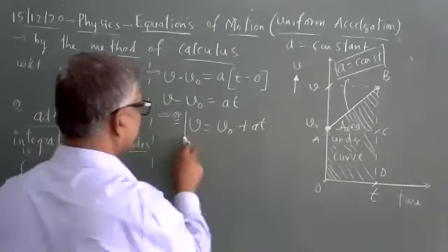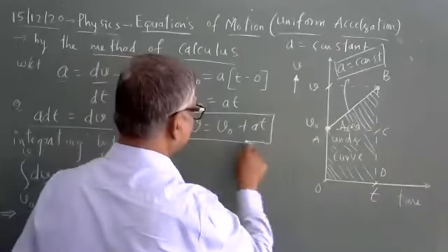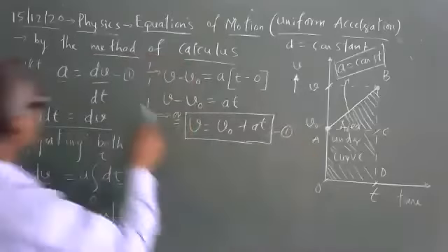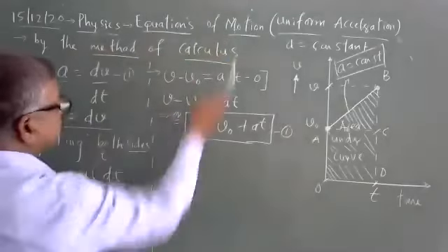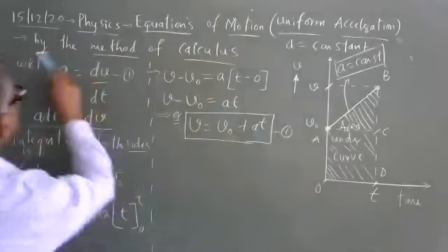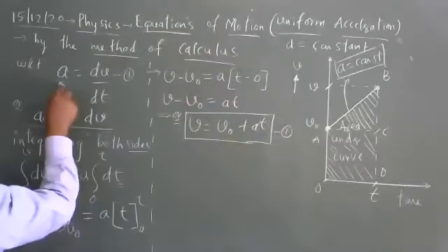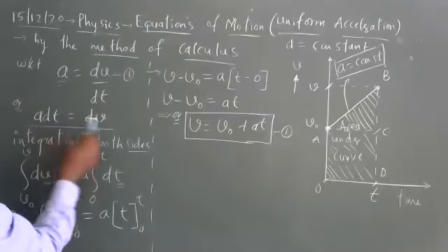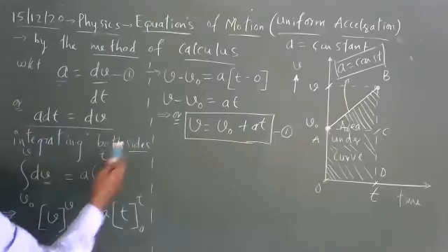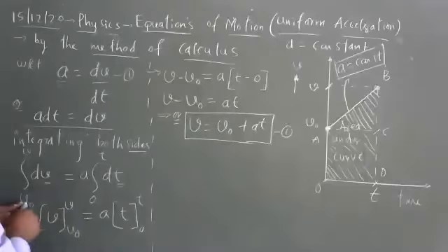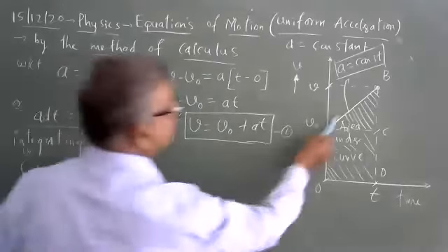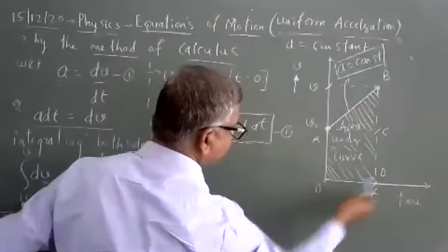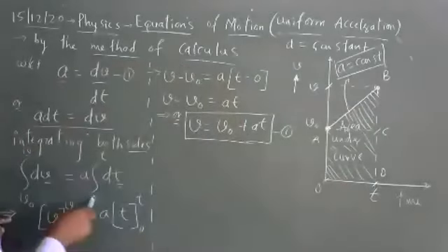This is, by the method of calculus, how I obtained equation 1, the equation of motion v equal to v naught plus at. By the method of calculus, start with acceleration, then separate the variables, time on one side, velocity on the other, and integrate both sides. Velocity varies from initial velocity to final velocity, and time varies from 0 to t.